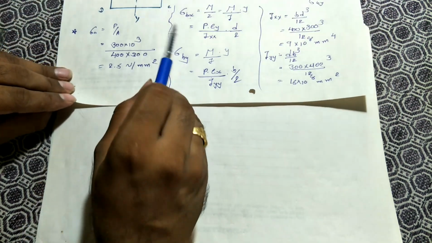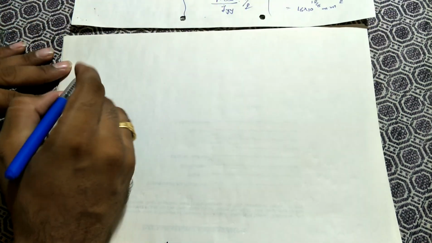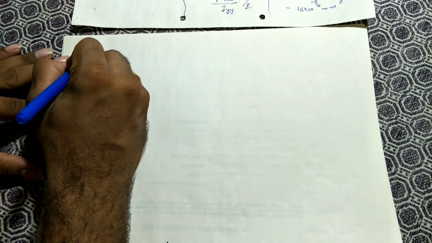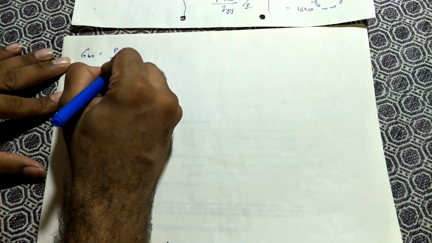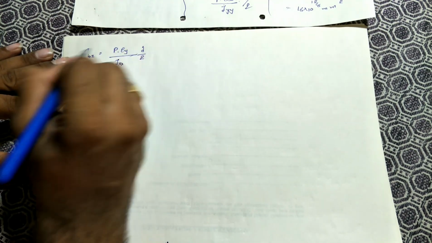Now we'll put these two values in these equations. Sigma Bx equals P into Ey divided by Ixx into d by 2.